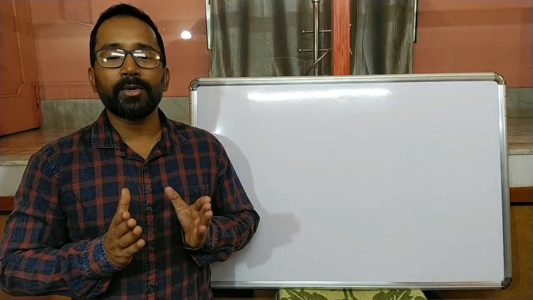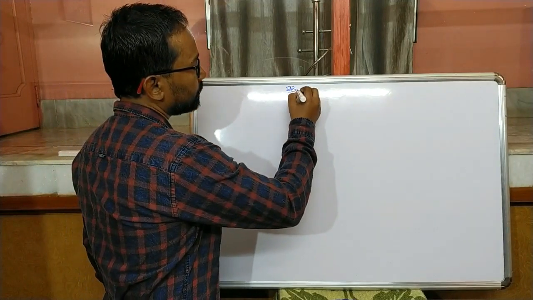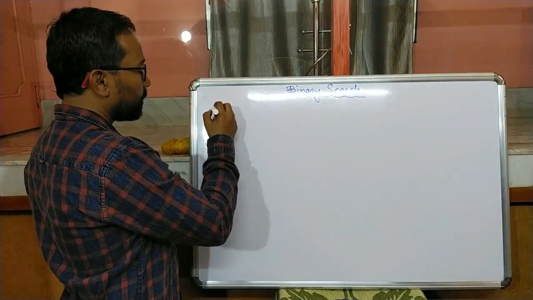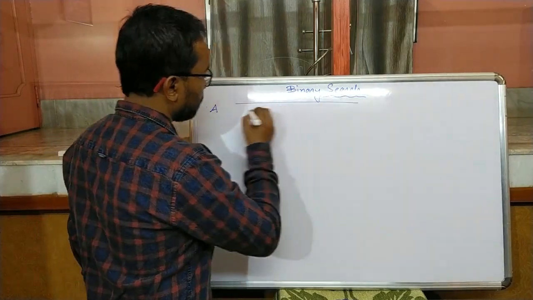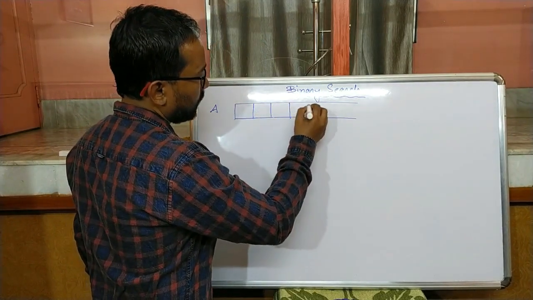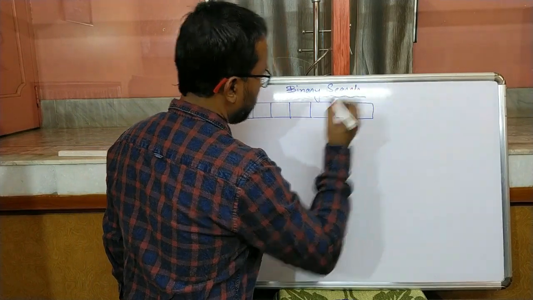Let us discuss the working principle of binary search with the help of an example. Suppose I have one array with 7 elements: 1, 2, 3, 4, 5, 6, 7 elements.